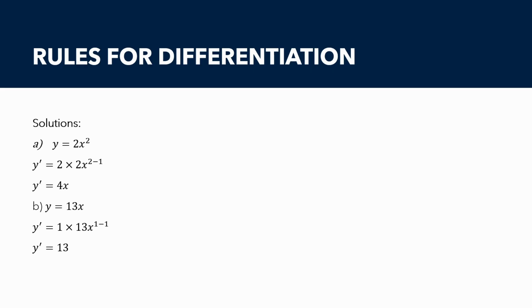Moving on to c. C is y is equal to x to the power 4 minus x plus 1. And first, the 4 needs to come down to multiply the base. So I will have 4 times x to the power 4 minus 1, because I need to subtract 1 from the power. And again, for the negative x, the 1 needs to come down and multiply the 1, and we need to subtract 1 from the exponent.